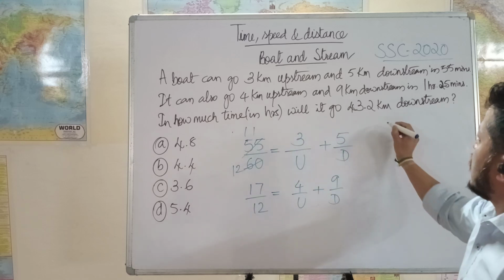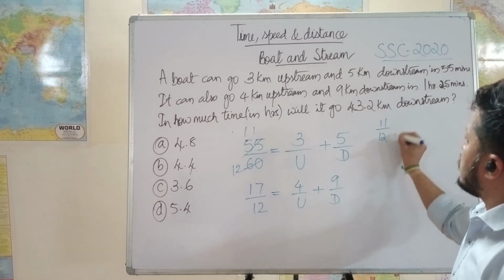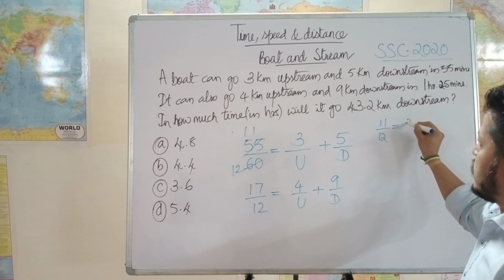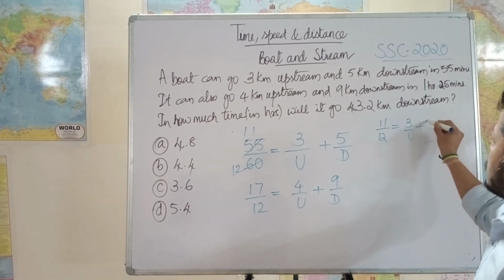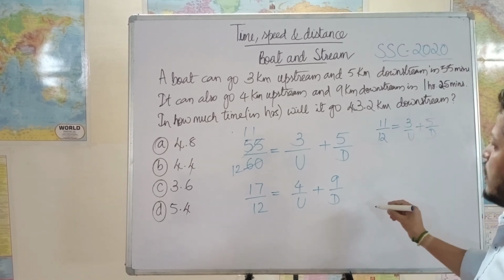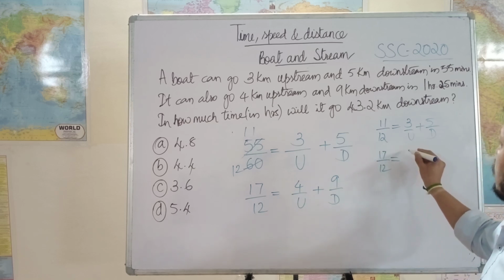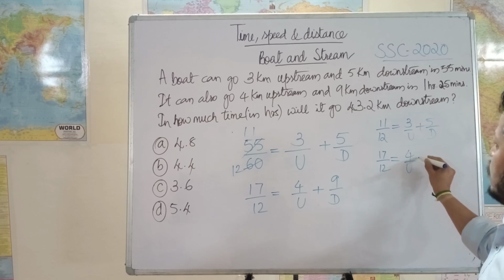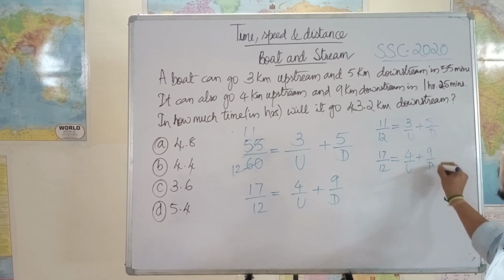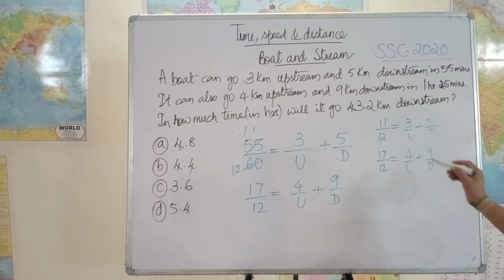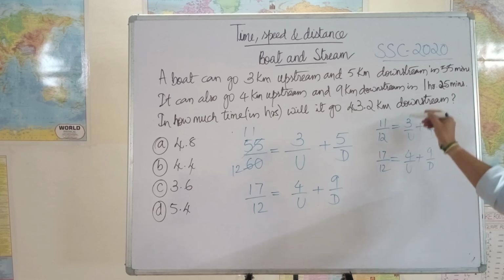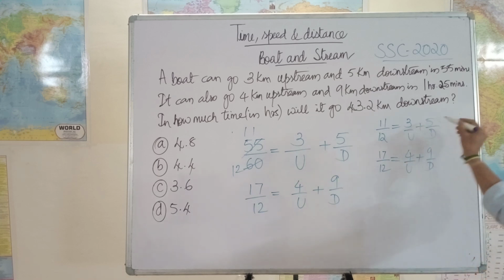Let me write this. 11 by 12 is equal to 3 by u plus 5 by d, and here 17 by 12 is equal to 4 by u plus 9 by d. So let's multiply this with 4 and this with 3 so that this term gets cancelled. So what happens if I multiply this equation with 4 and this with 3?